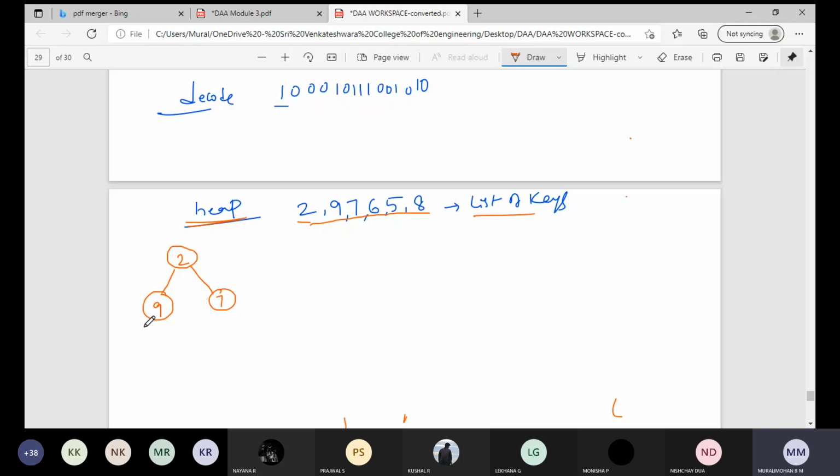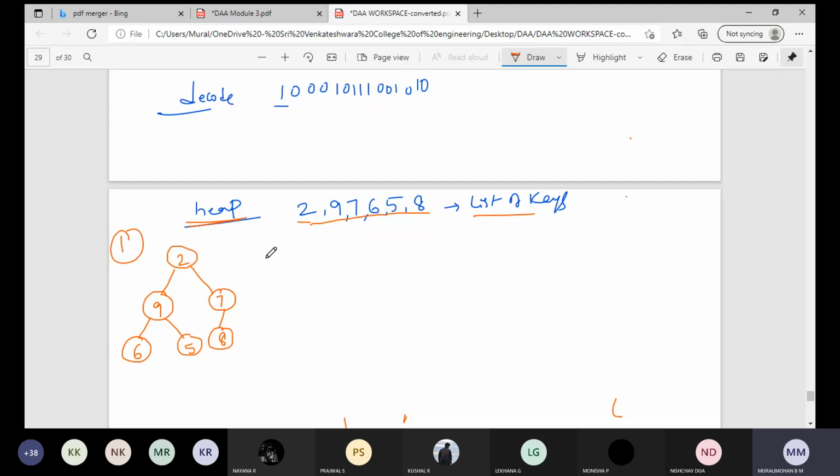Next, the left child of 9 is the next key we have, 6. So the next key we have is 5. So next we have 8, right? So this is the binary tree we wrote now.